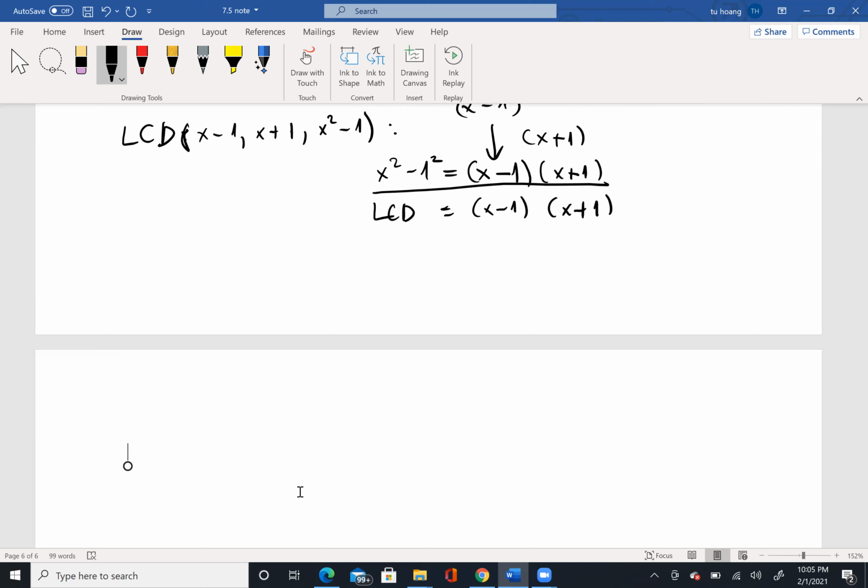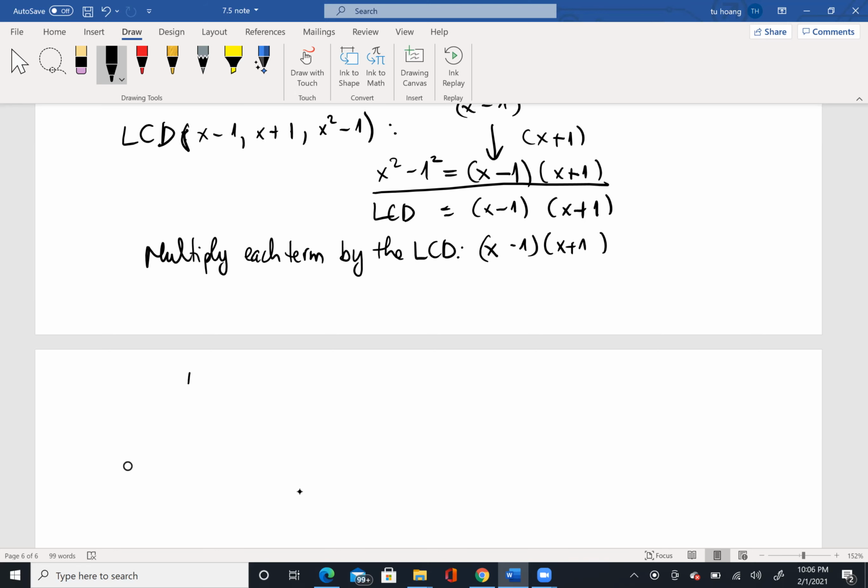Yep. So now I'm going to say multiply each term by the LCD, which is x minus 1 and x plus 1. So what do I have?